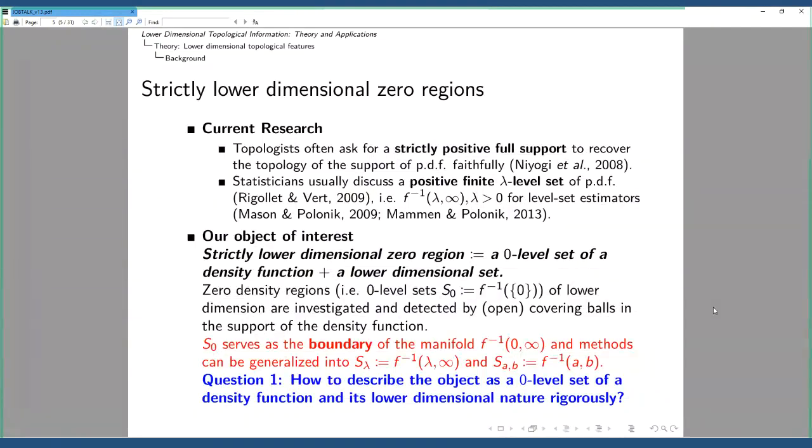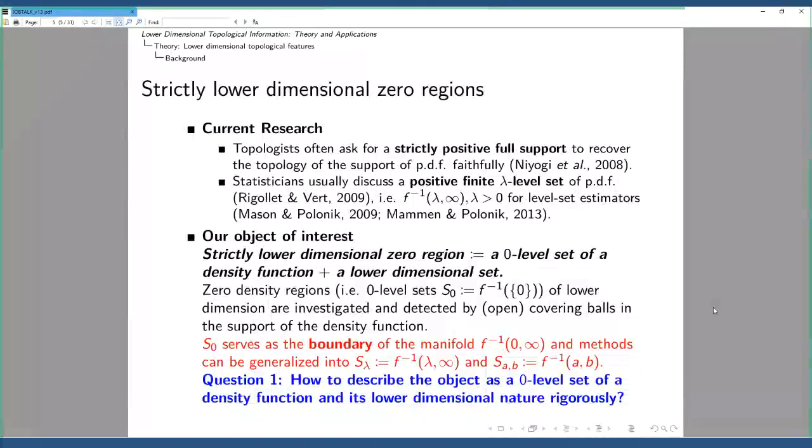Then we derive a covering scheme in order to detect such a zero density region. So S0 actually serves as the boundary of the manifold of the zero level set, f inverse of (0, infinity). Our methods can be generalized to a more general scenario. However, for simplicity, we focus on this S0, which is the inverse image of a one-point set.